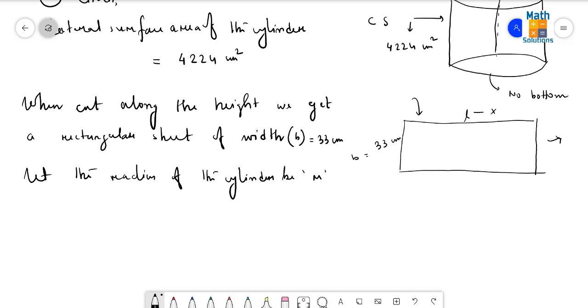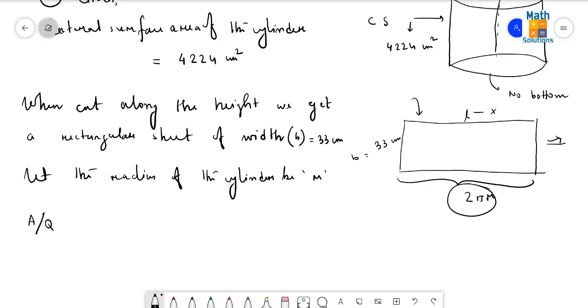Actually curved surface area will be 2 pi rh. If this part is height, this part will be acting as the breadth, means 2 pi r. This part will be the length in case of the rectangle. So what do we have?